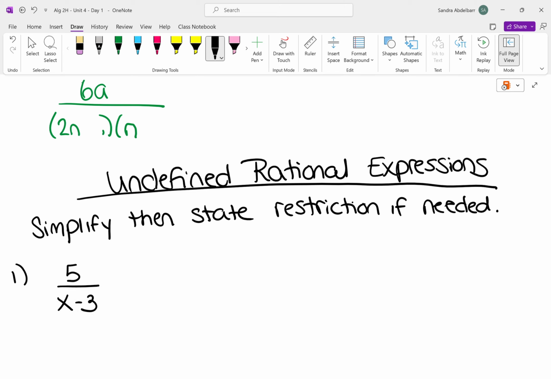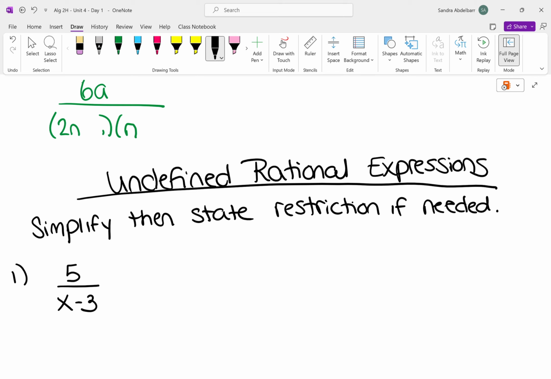What does that mean? Let's say I have an expression of 5 over x minus 3. First question for you, can I simplify this? I can't simplify this, but right now we have a variable in the denominator, meaning we don't really know what that denominator is. So x could really be any number, but there is a value for x that would make this fraction undefined.